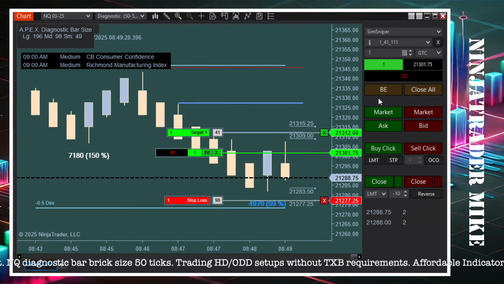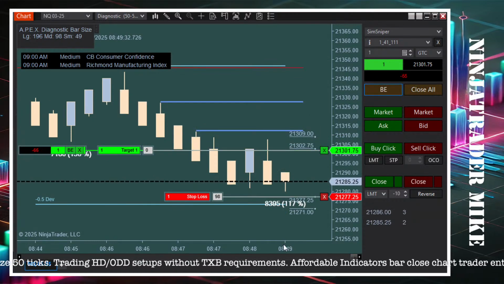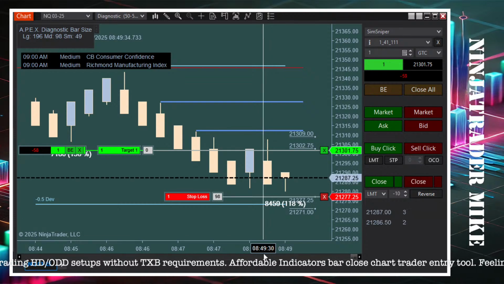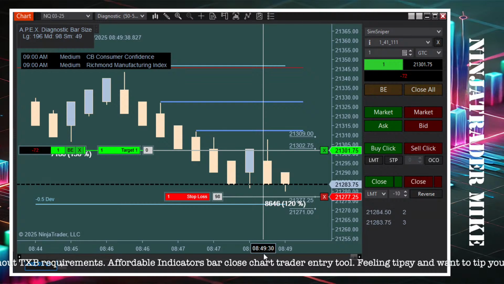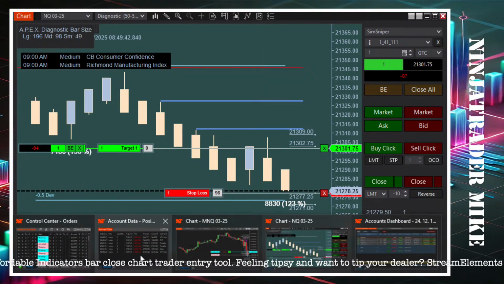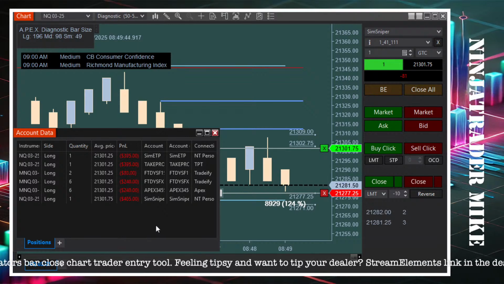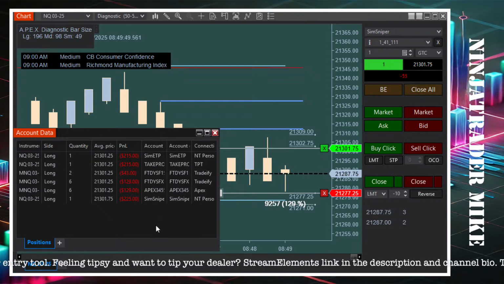So if it chops around and that's 69%, yep, boom, break even. And we'll see if it retraces back up to that. If we're lucky.